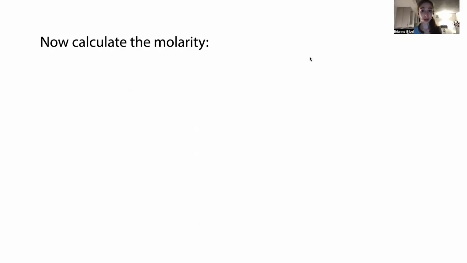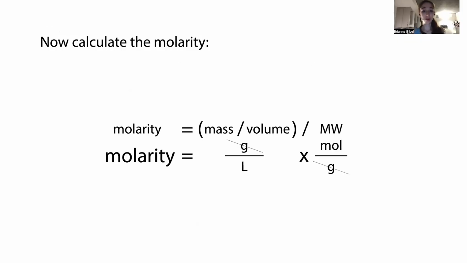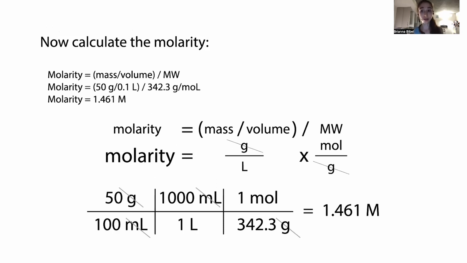Now we can calculate molarity. Because molarity is going to be in moles per liter, but our volume was given in milliliters, we can either convert to liters beforehand, or we can do it explicitly in our dimensional analysis table.